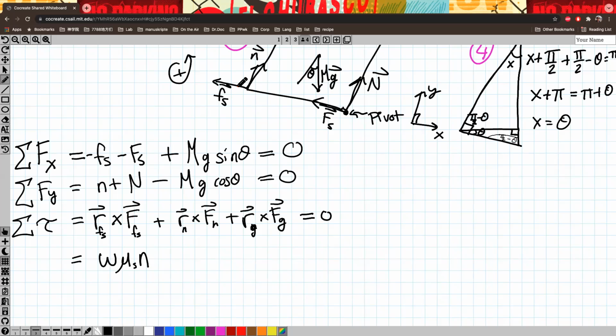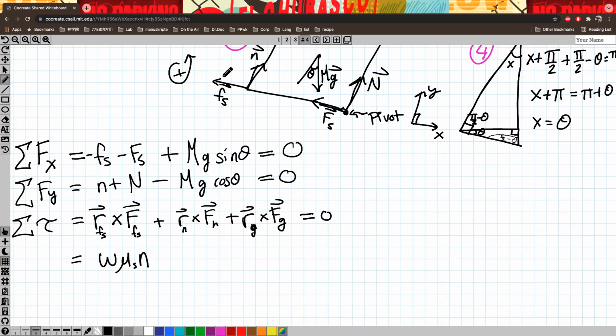The torque of this friction. I guess it would be counterclockwise. Oh wait, no. What am I thinking? It's clockwise.